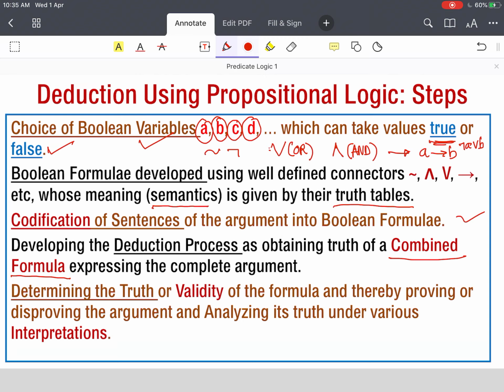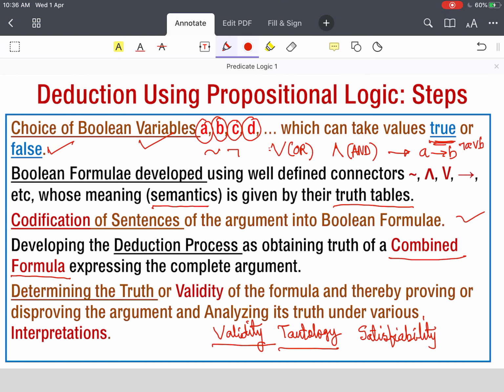In our deduction process, in order to prove the truth of that formula, we would check what is called the validity of the formula, which means that we would check whether the formula is a tautology. In some cases, we would also check what is called the satisfiability of the formula.